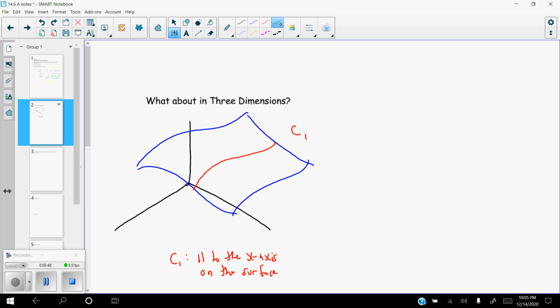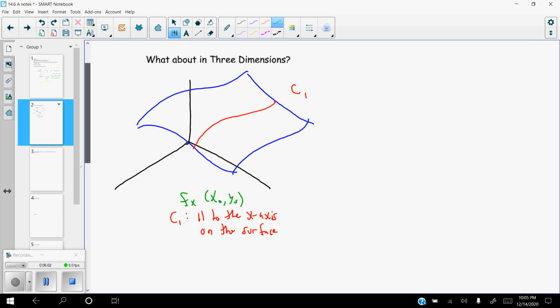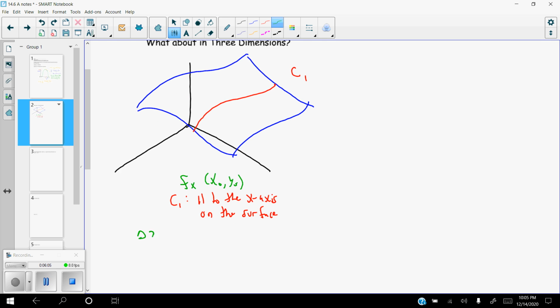So then that would say, well, if we wanted to find the partial with respect to x at a specific point, then to do that, we would have to find the change of z over the change of x, because that's what the partial derivative is with respect to x. Well, that would be f of x sub 0 plus h, and then some y sub 0.